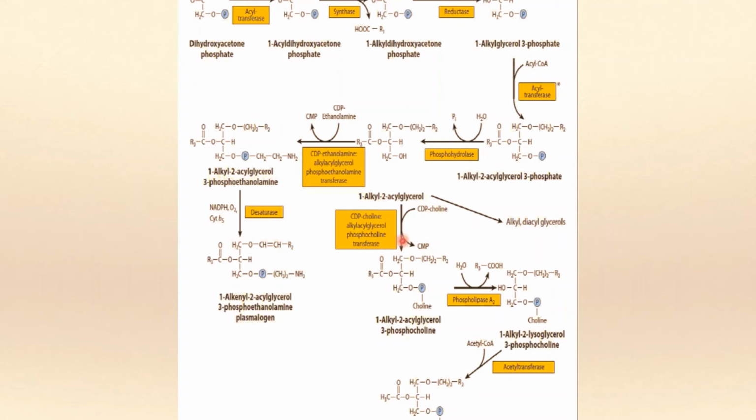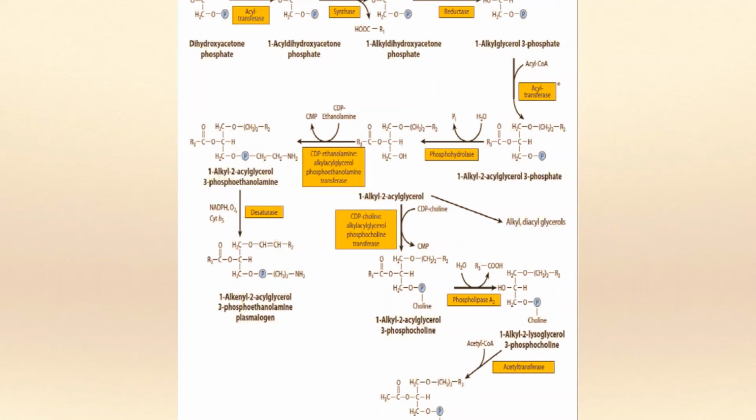So it will form 1-alkyl 2-acylglycerol 3-phosphocholine, and this product undergoes a subsequent phospholipase reaction, whereby the fatty acid at the C2 position is removed and replaced by an acetyl group by acetyl transferase, and it forms finally the 1-alkyl 2-acetyl glycerol 3-phosphocholine. This phospholipid is known as platelet activating factor.